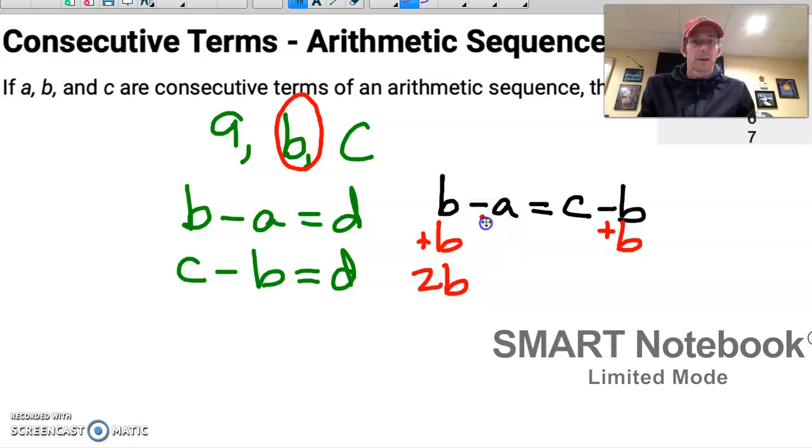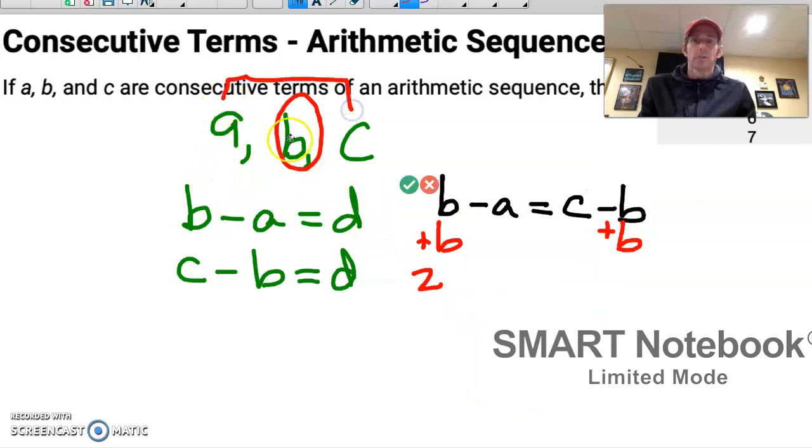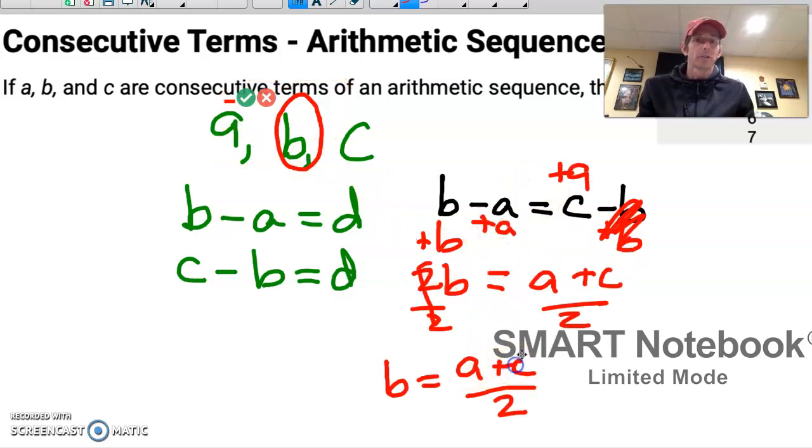And if I add this A over here and come over here and add A, those are gone now, I would have 2B equals A plus C. And if I divide these by 2, then the middle term, you will notice, is the arithmetic mean of the two terms that are on the outside of it. So any term in the middle of two other terms will be the average, or the arithmetic mean, between those two terms. So just a unique feature and characteristic of the arithmetic sequence to keep in mind.